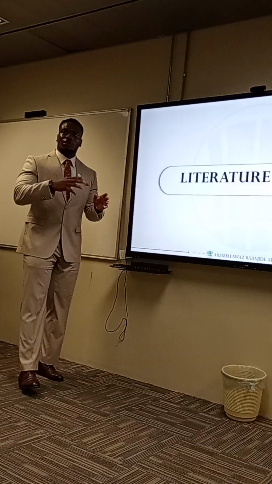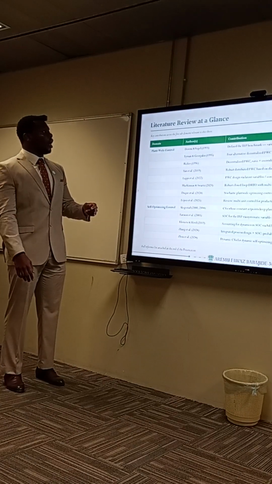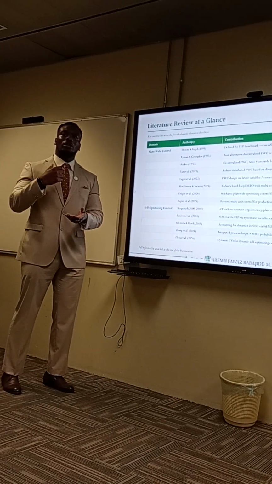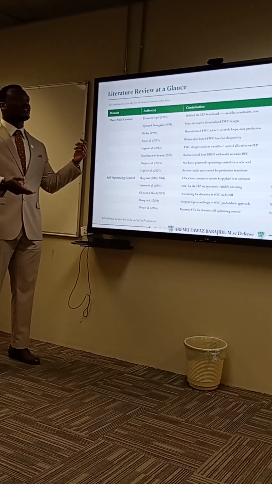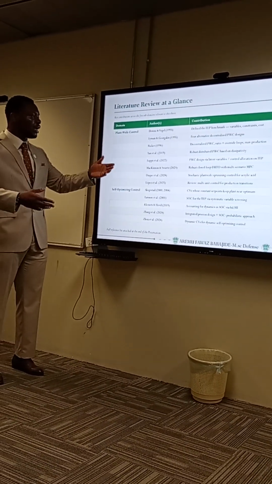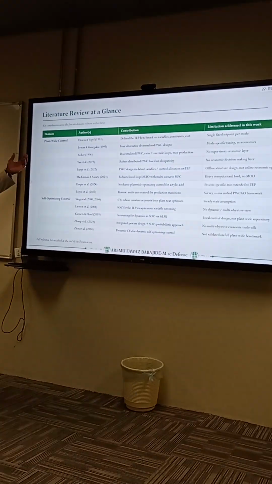All right, that's just to give you an insight into the problem. Next, the literature review, what current literature we have. I selected literature from when the problem started, just to give us an insight, but we're going to focus on what we're trying to do, which is the economics.